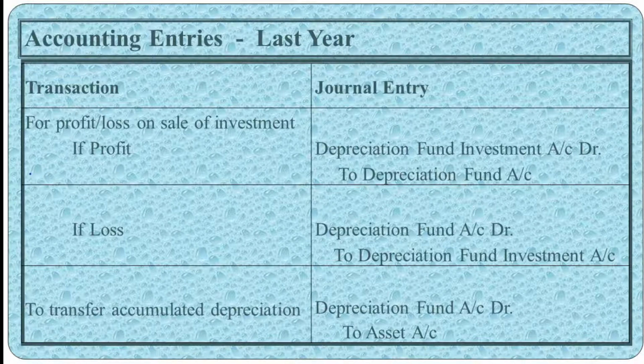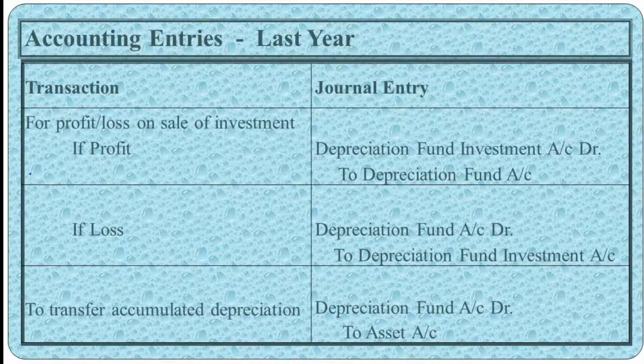If any loss is made on sale of investment, then the entry for the same is depreciation fund account debit to depreciation fund investment account. That is, depreciation fund account is debited and depreciation fund investment account is credited with the amount of loss.